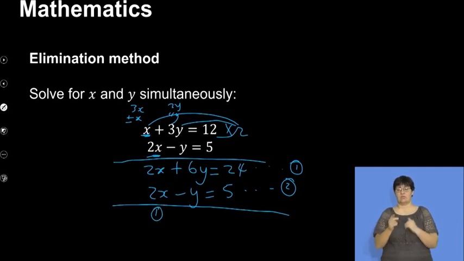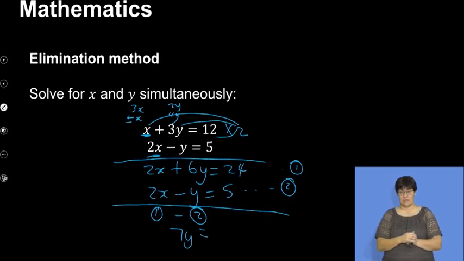So 2x minus 2x will be 0. 6y minus y will give me 7y equals 24 minus the 5 there, which will give me 19.